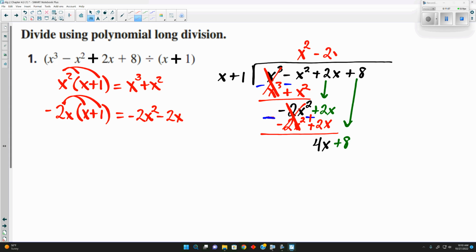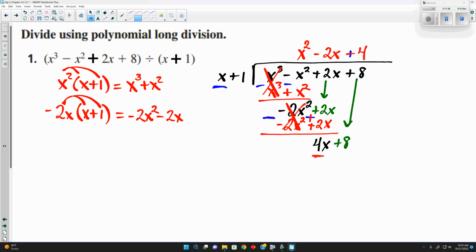Again, I did it. I have to write the minus 2 up top, because each time we find that, we need to add it in. I'm going to do it on this next one before we multiply. What times x will give me 4x? 4. So here we would write plus 4. Really I should have been doing that on the first two, because when we find out what we're actually multiplying, we can put it in.